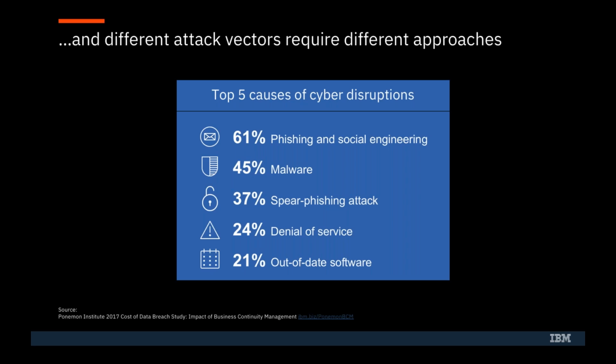What I found most interesting was that significantly down the list was out-of-date software. I think most often organizations think if I'm able to keep all of my hardware patched and up to date, all of the software running on my systems up to date, that I'm not at risk. And really, that's just not the case.